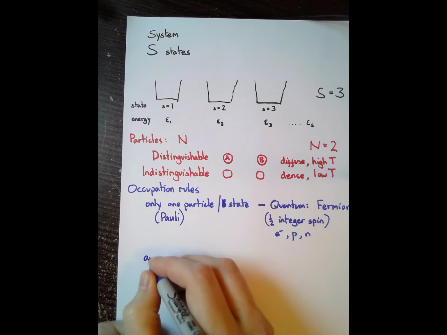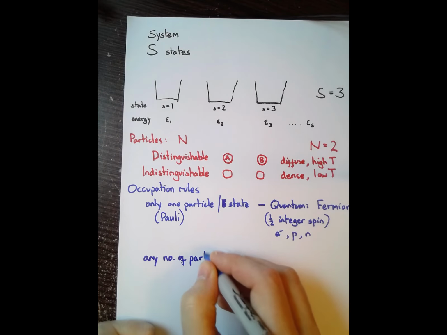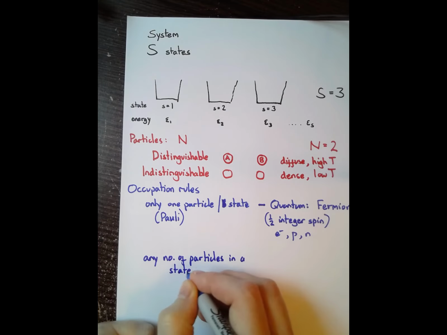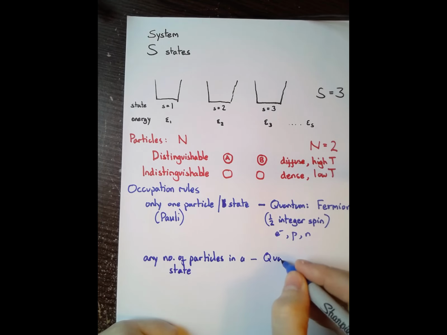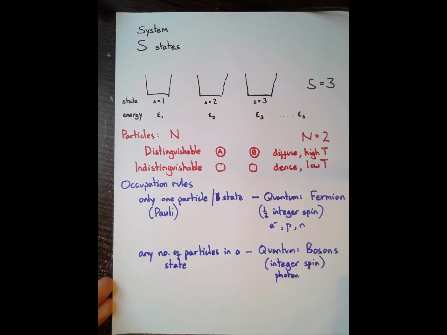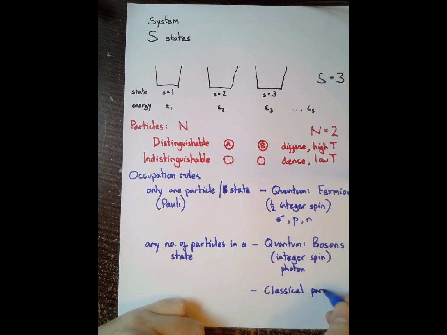The other option is that you can place any number of particles in a state, and this is true at the quantum level for particles known as bosons, which have integer spin. The most familiar example would be a photon, the particle of light. This is also true for classical particles as well.